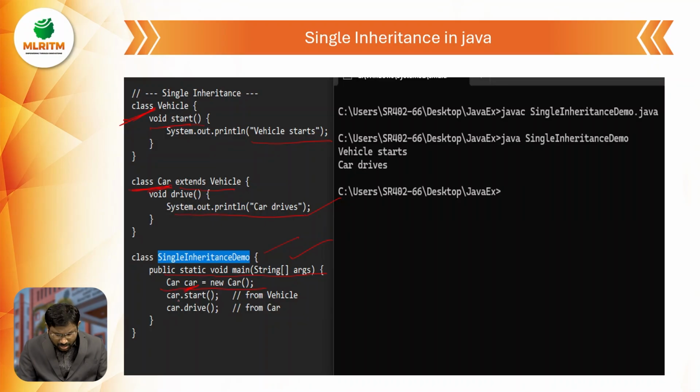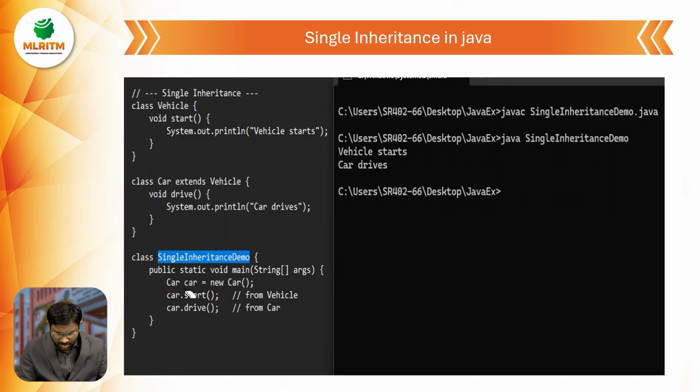So car.start gives vehicle starts. Then car.drives gives car drives. This is the example for single inheritance.